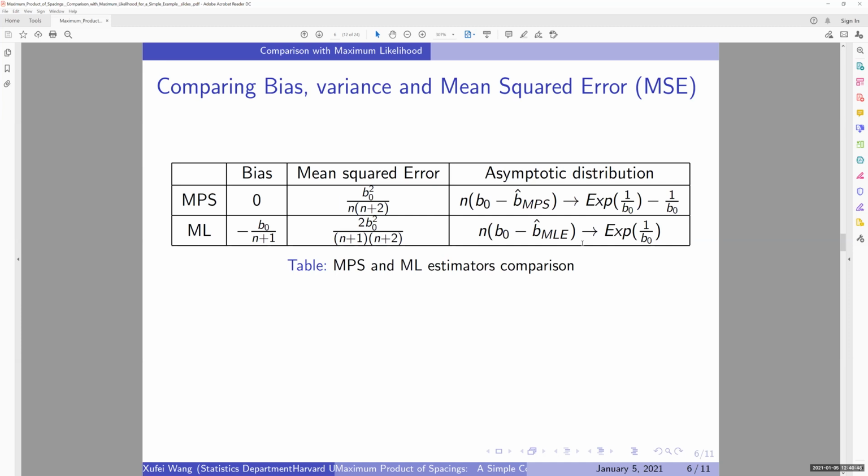For the MLE estimator, it's an exponential distribution with scale 1 over B0, which explains why the MLE has almost twice the mean square error of the MPS: it is not centered.